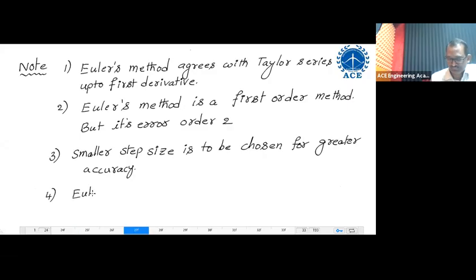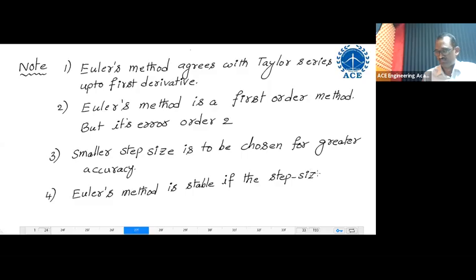Next, Euler's method is stable if the step size satisfies the condition.